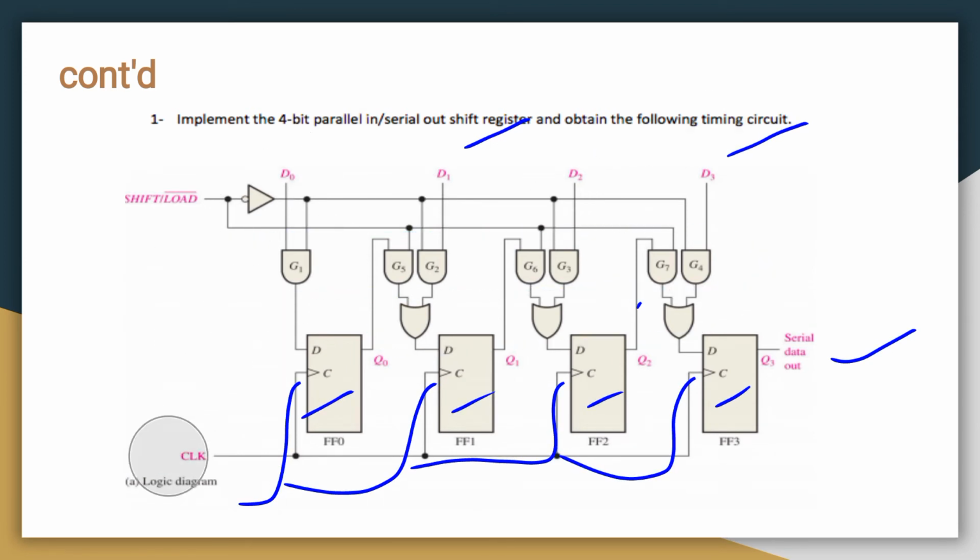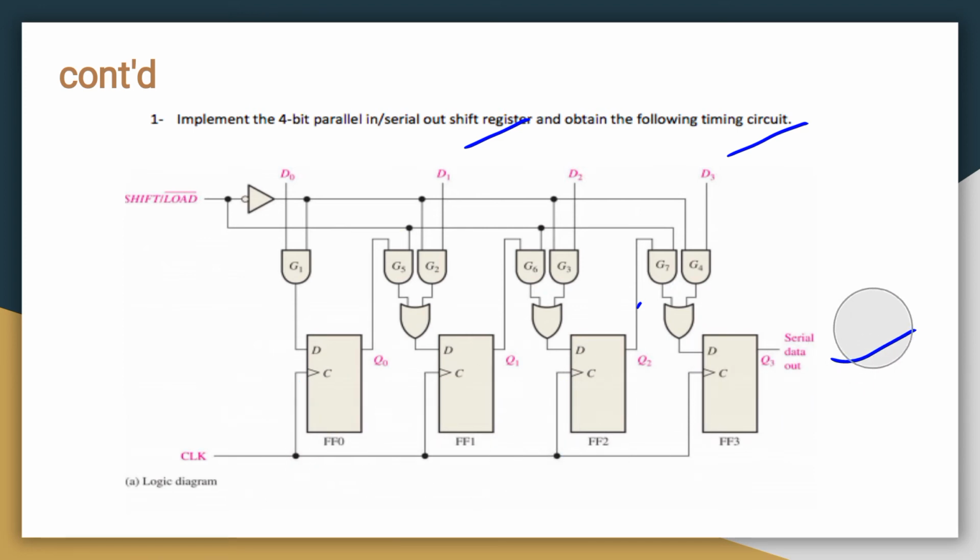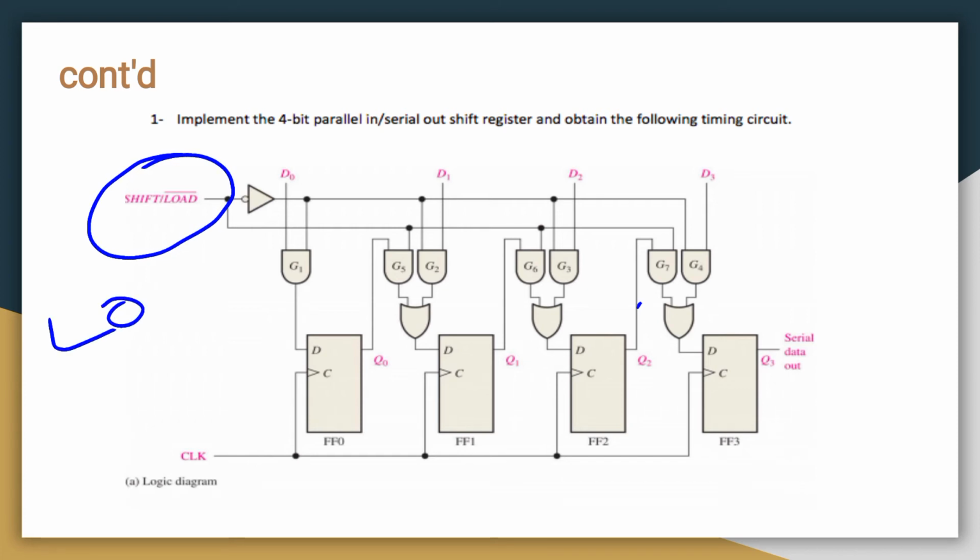Here we have two operations, that is shift and load. Before shifting the data, we have to load the data first. For load, we have to operate in a complemented manner. That means if the load is equal to 1, then the complement of it is 0.